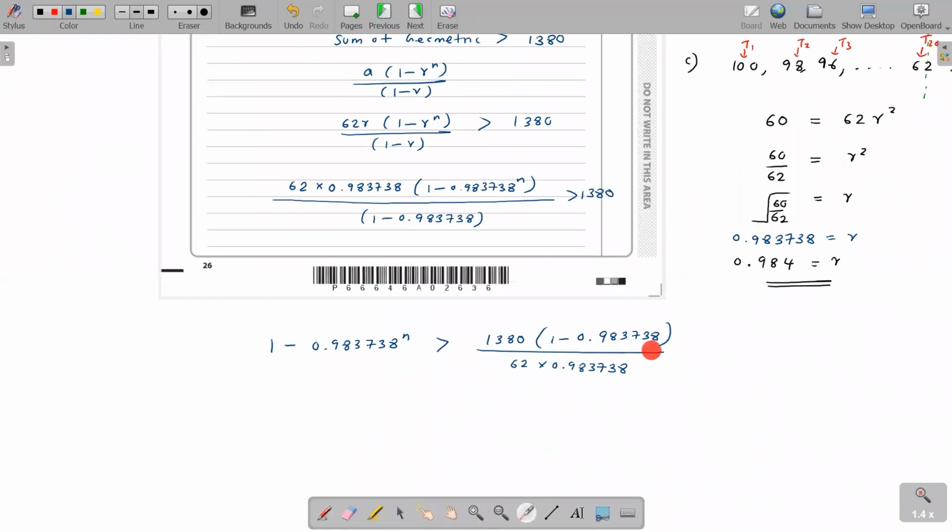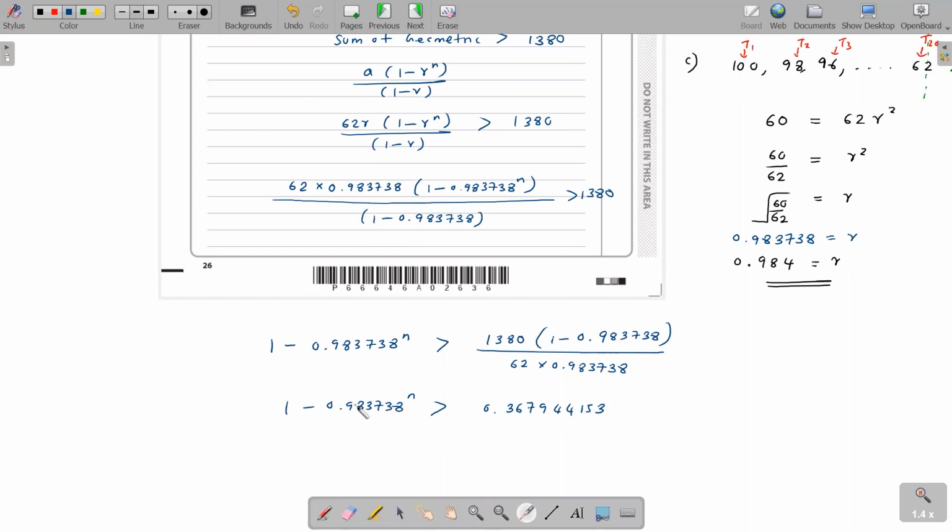How much is the value here? The power n greater than how much is it? When I type in the calc, I get 0.367944153, right?